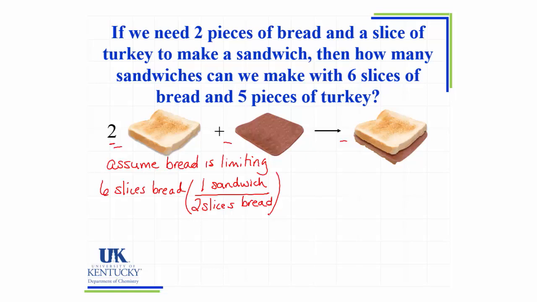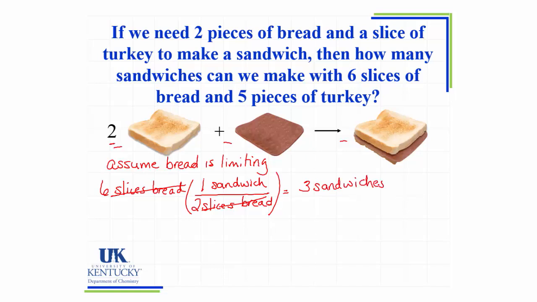The difference is now that we're not going to be able to do just 1 calculation to find the amount of product. We're going to have to do 2 calculations. So here, if we assume that the bread is limiting, we know that 6 slices of bread, our slices of bread cancel out with one another, and what we're left with is that we can form 3 sandwiches.